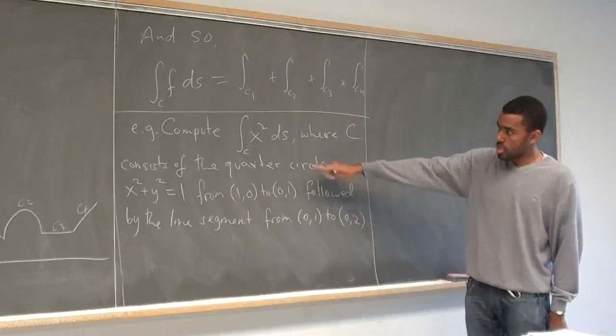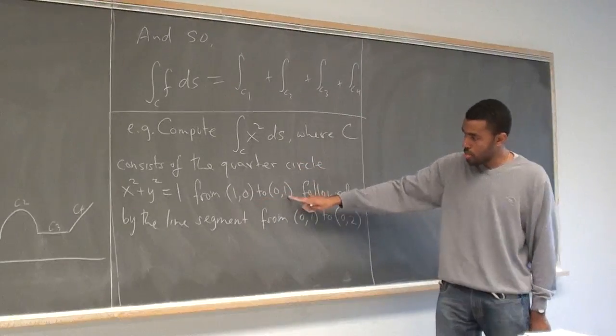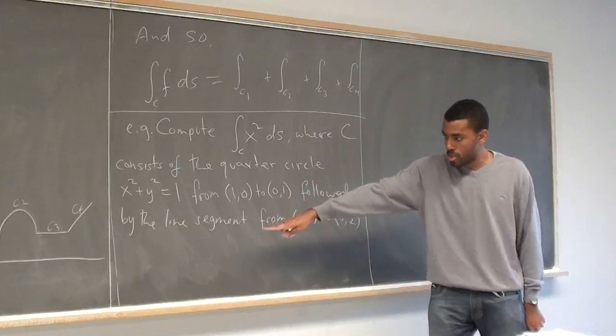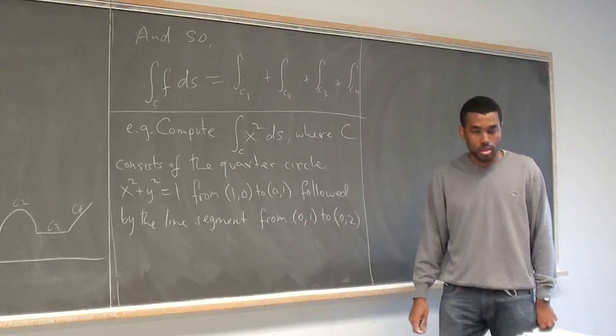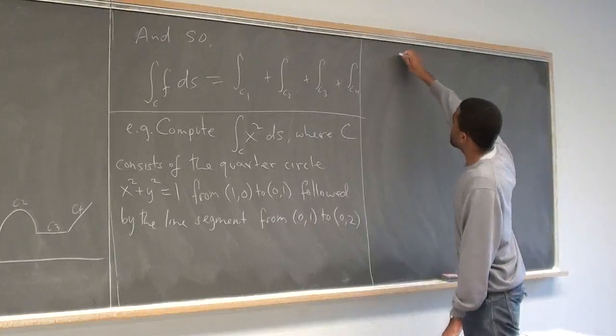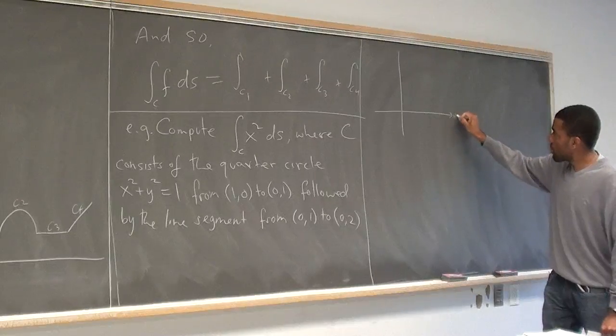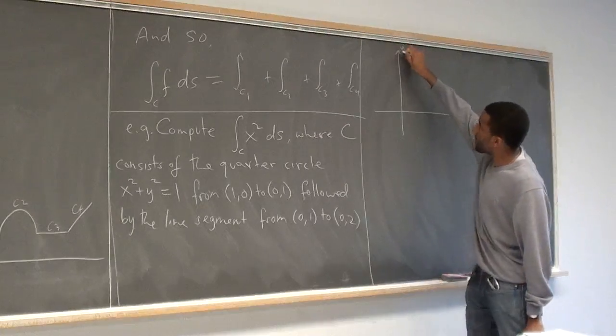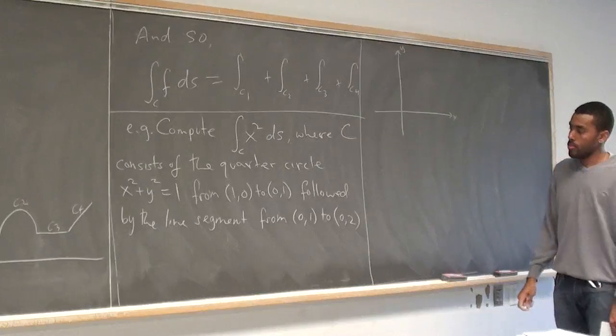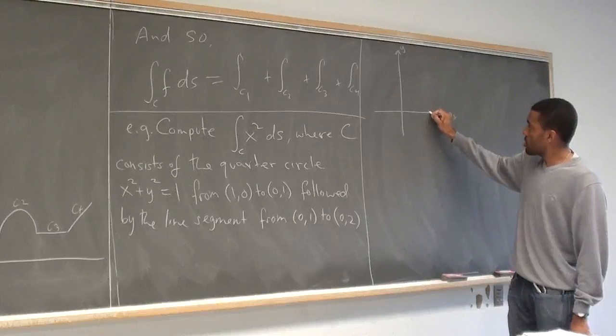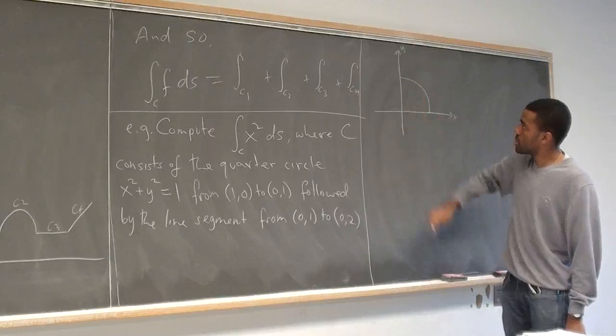Our curve C consists of a quarter circle going from this point to that point, followed by a straight line segment going from this point to that. First thing you might want to do is draw a picture. So again, quarter circle starts here, ends up here.